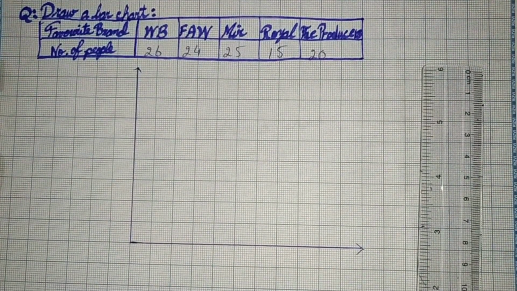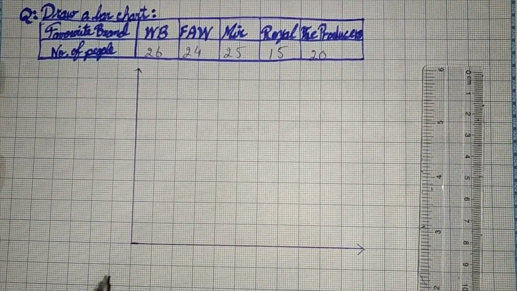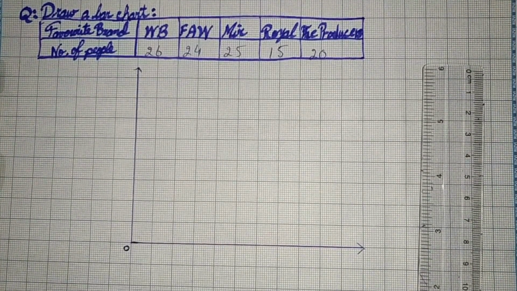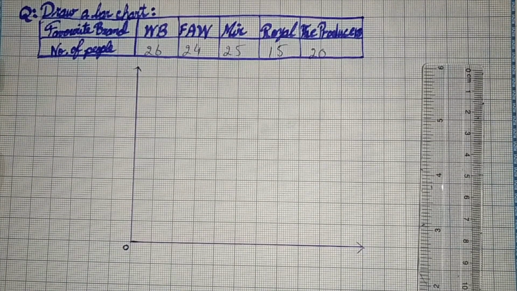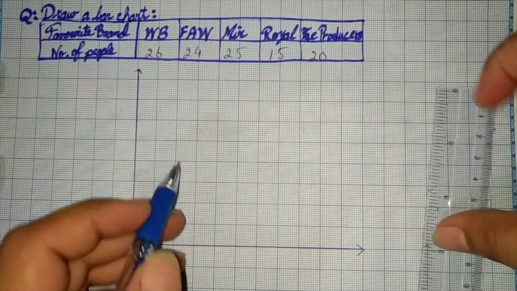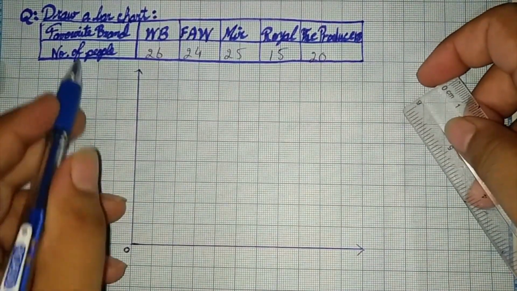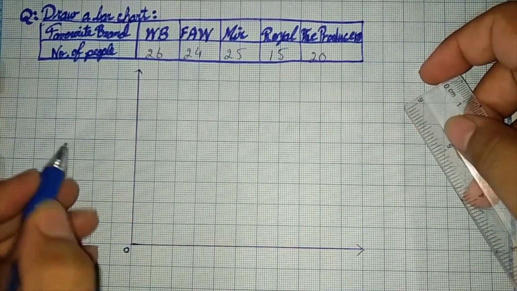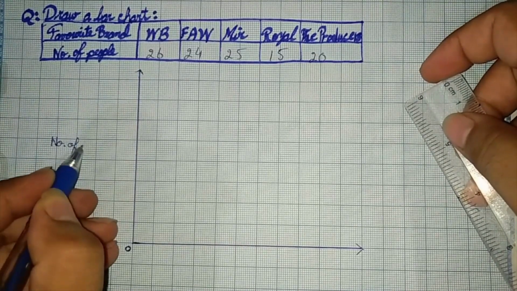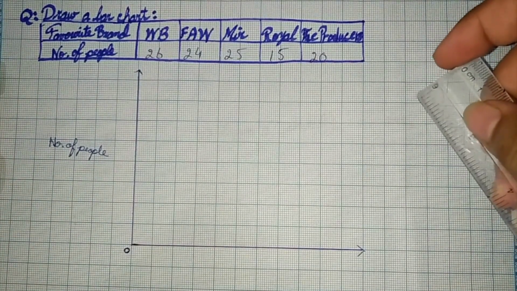And you know, a line will never stop, it will go on and on. Here we have the 0 point of it. Now we have to draw the bars. For vertical bars, I take the number of people here on the y-axis.